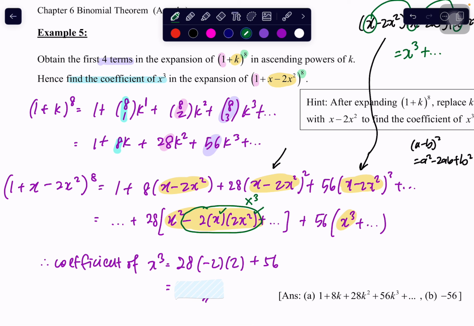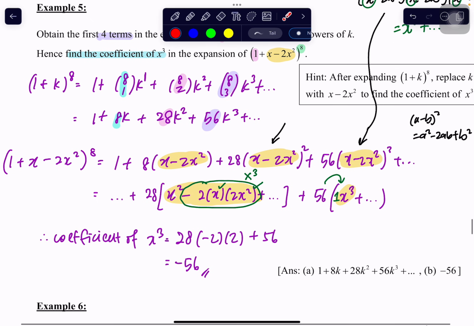I'm going to include the coefficients, just the numbers: 28 times negative 2 times 2, plus 56, because 56 will be multiplied to x cubed, and the coefficient of x cubed is 1. So 56 times 1 is 56. Working this out, I should get negative 56. That's the answer.